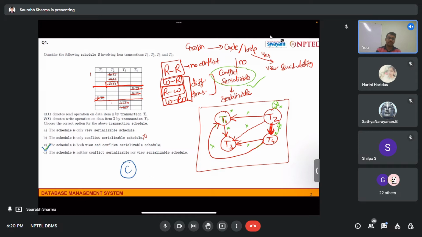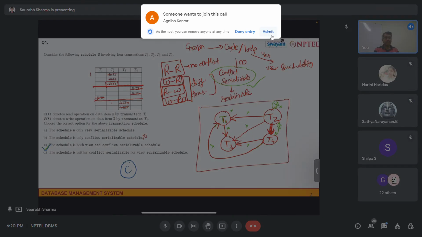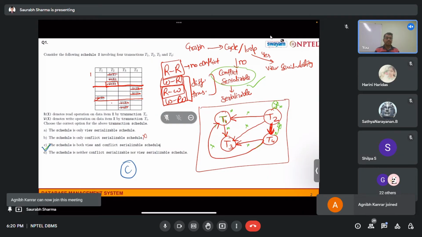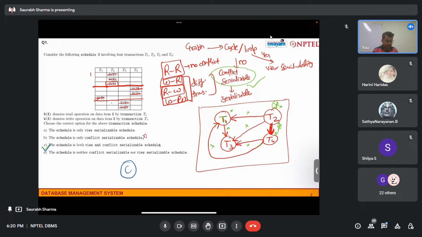I have taken the operations, and based on timestamps, I have created the edges based upon the conflicting pairs among the transactions. And what are the conflicting pairs?